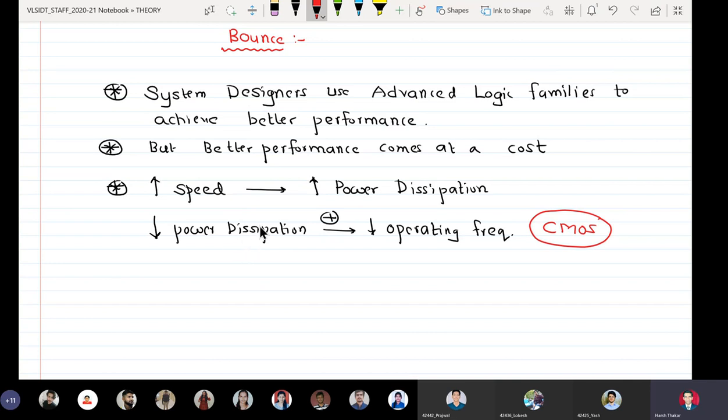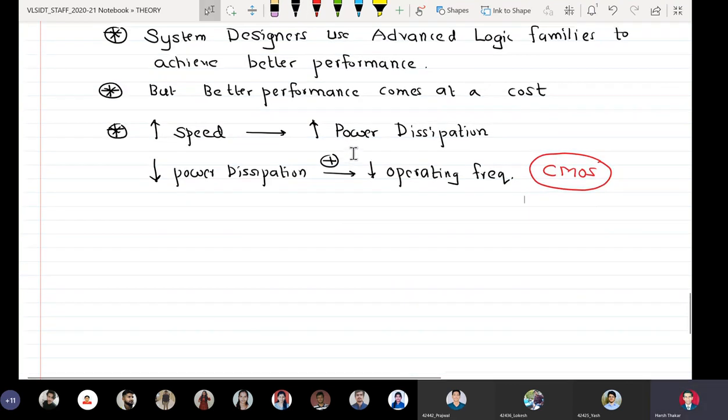But this was a fact about the CMOS logic family many years ago. The current-day CMOS logic families have operating frequencies at par with and actually better than the bipolar logic family. It is a thing of the past that the CMOS logic family cannot operate at higher frequencies.